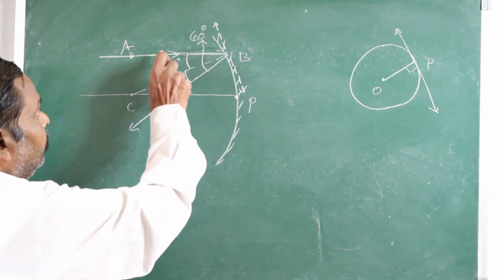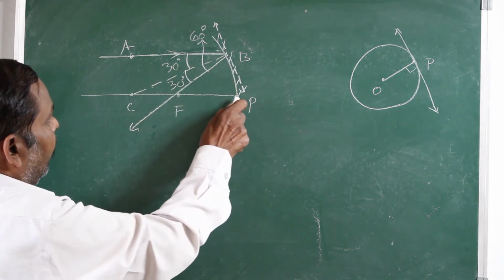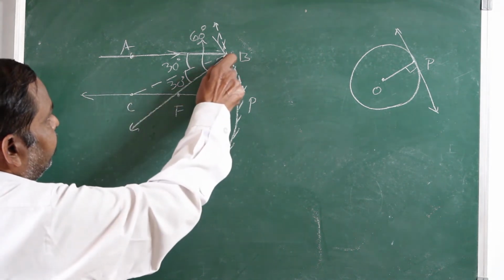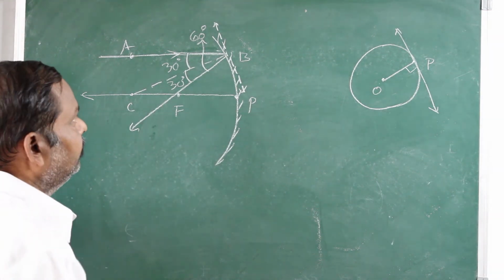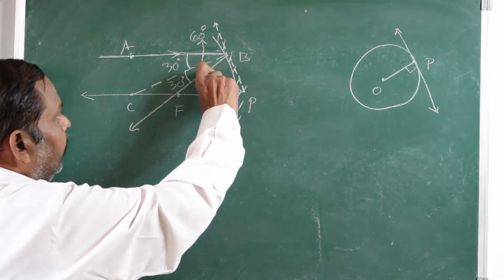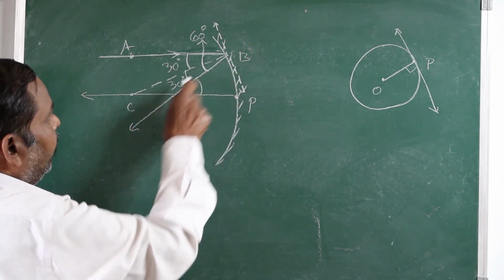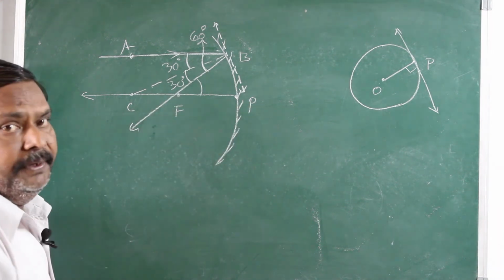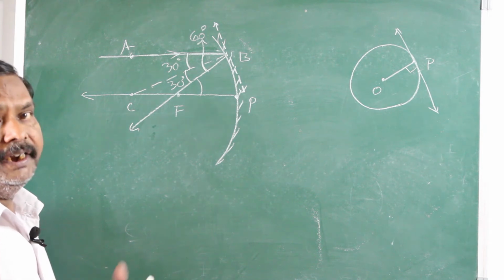Now, the incident ray and principal axis are parallel, and take BF as the transversal. This angle and this angle, that is angle ABF and angle BFP, are alternate interior angles which are equal.